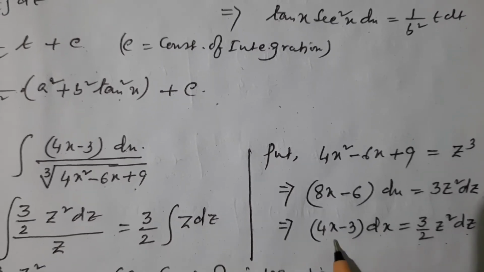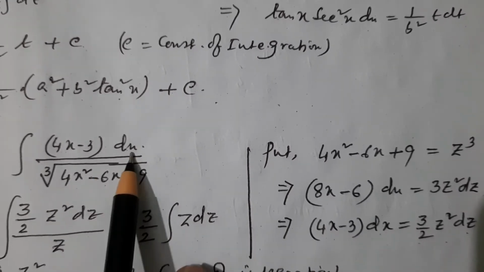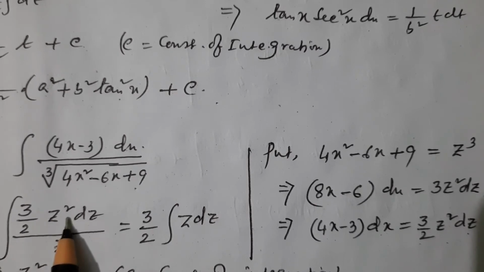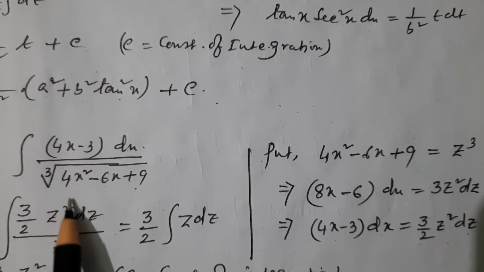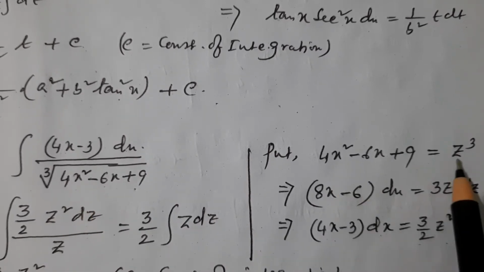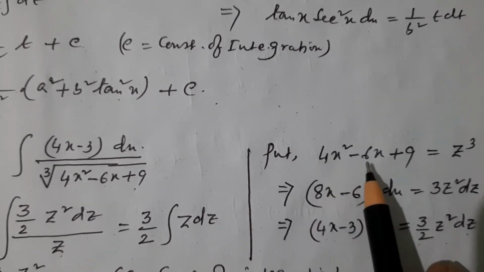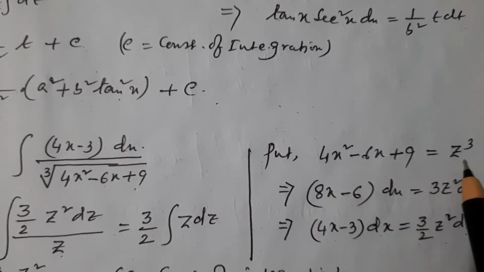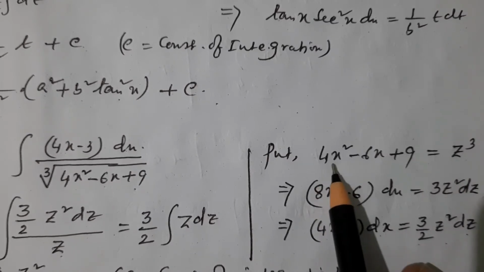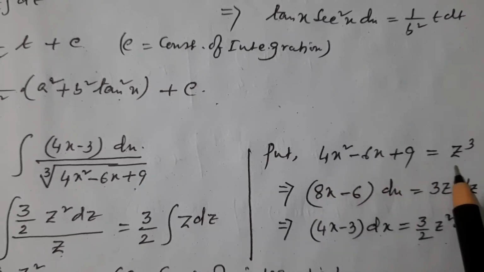And we substitute these values. 4x minus 3 whole dx equals 3 by 2 into z square dz. Cube root of this: z is 4x square minus 6x plus 9, that is equal to z cube. Therefore, cube root of 4x square minus 6x plus 9 equals z.